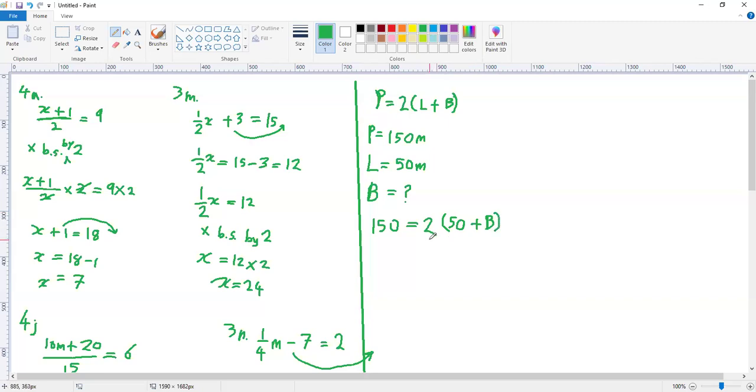There are different ways we could solve this. One school of thought could be to expand the brackets by multiplying 2 by 50 and multiplying 2 by B. If that's your school of thought, guess what? We're still going to get the same answer. In fact, I think I will explore both schools of thought. The second one says that we should first take care of the 2.